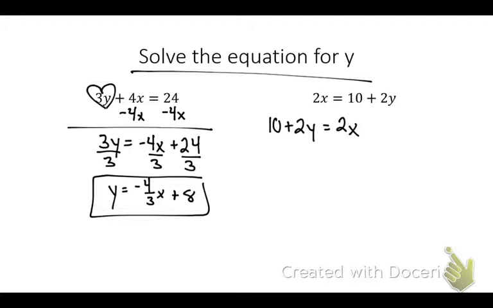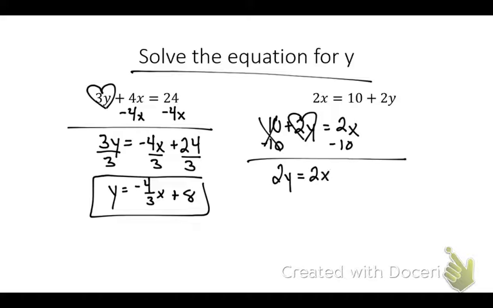Where does my heart go? 2y. Come on, guys. What do I do next? Minus 10, both sides. I got to get that 10 to cancel. 2y equals 2x minus 10. Now, what do I do across the whole equation? Divide by 2.